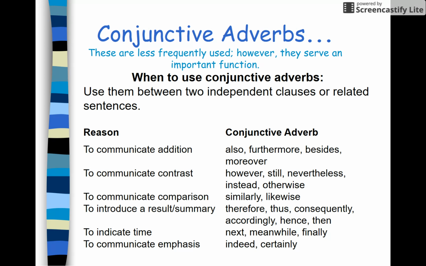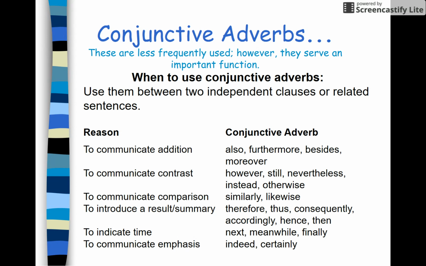Now, conjunctive adverbs. These are less frequently used. However, they do serve an important function. We use them to join two independent clauses or related sentences in a more sophisticated manner than a simple coordinating conjunction.